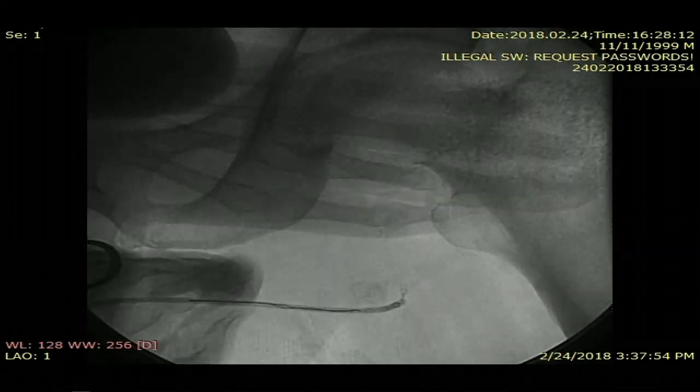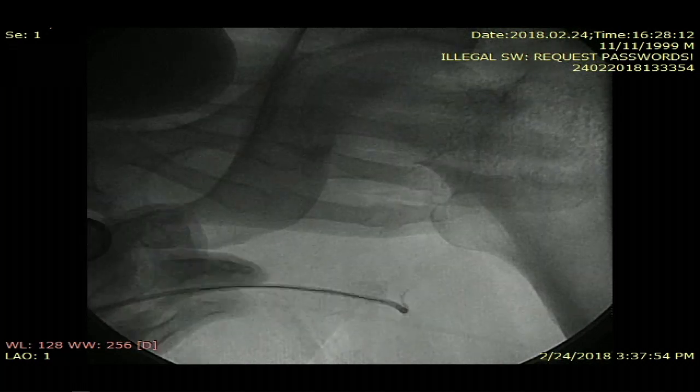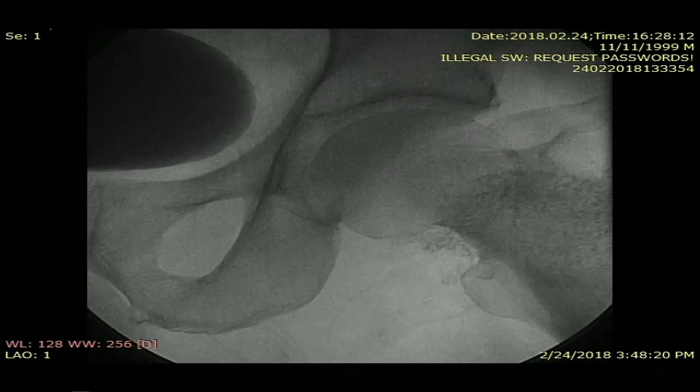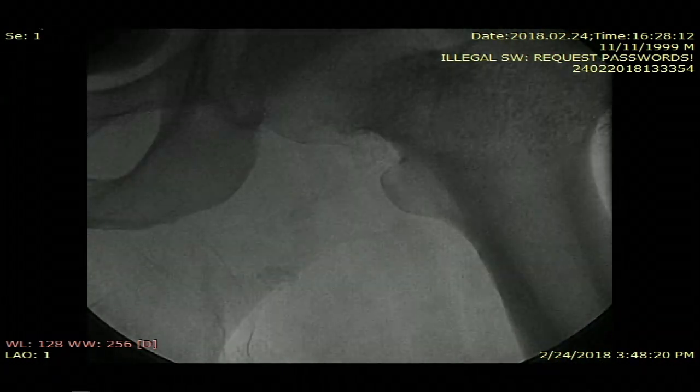Then we made sure that no pieces were left residually by imaging of both iliac regions. This is the right side with no residuals in it, and the left side also. We scanned all the area to make sure that there was no residual inside the femorals or the iliacs, and it was really clear. We retrieved it completely outside the body, but it was completely stripped, though not torn.